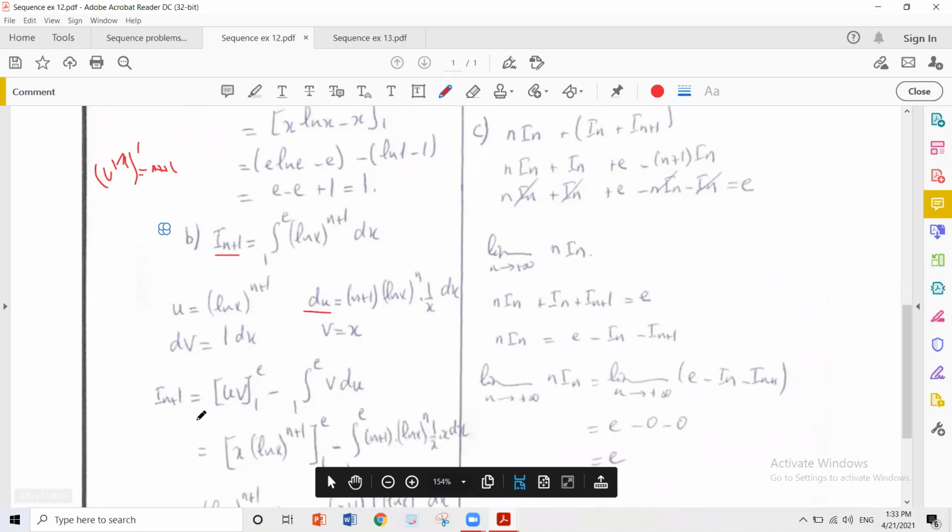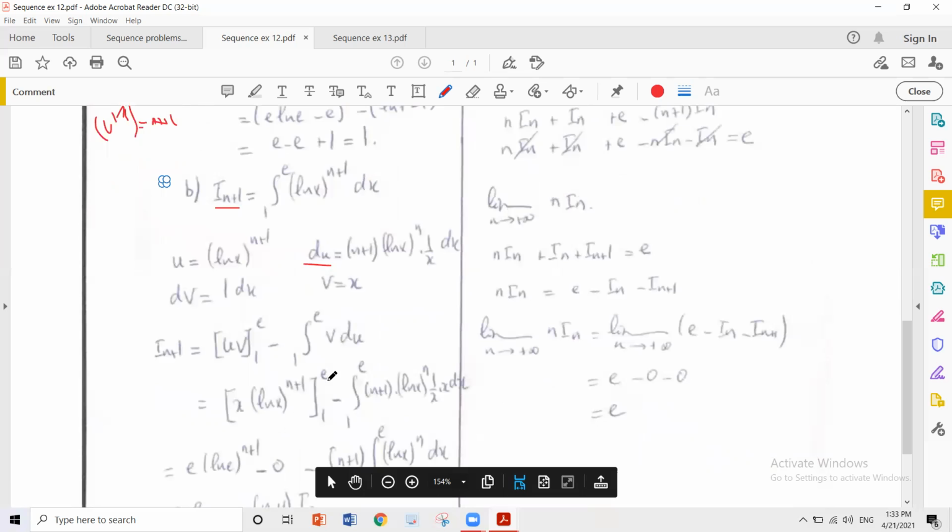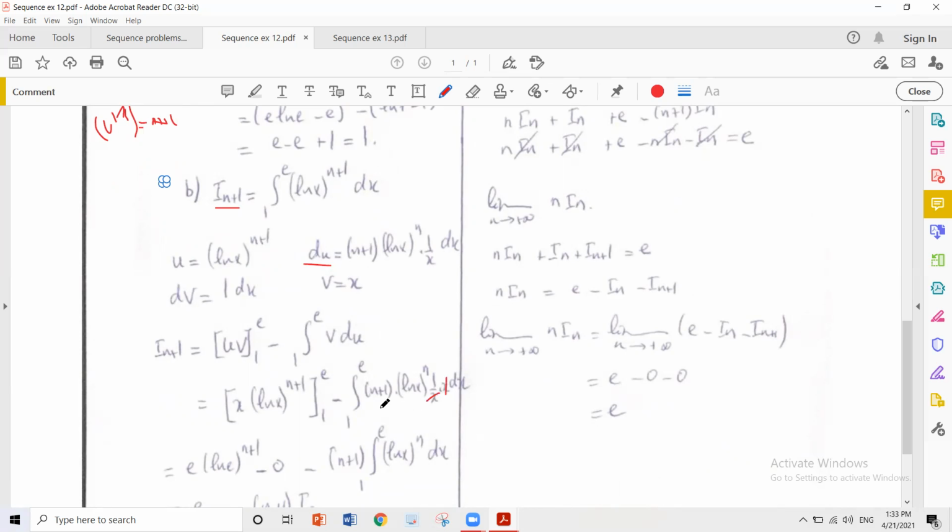Then I_(n+1) equals uv between 1 and e minus the integral of v du. uv equals x (ln x) to the power n plus 1 between 1 and e, minus the integral of (n+1)(ln x) to the power n times 1 over x times x. x and x simplify.